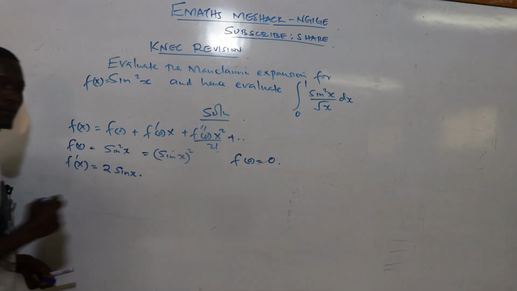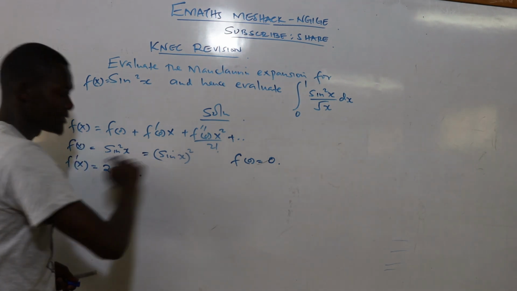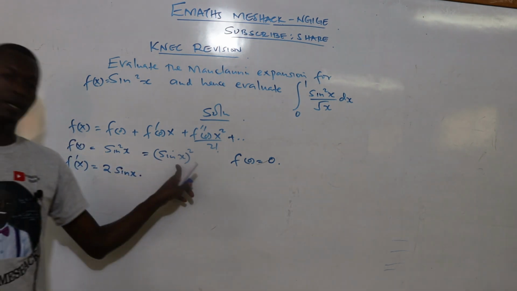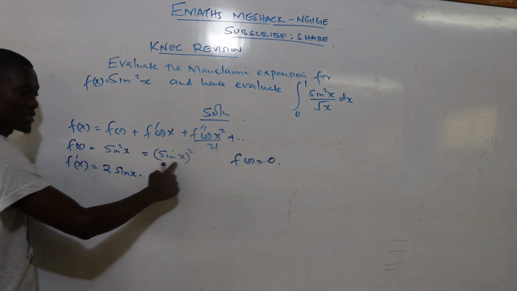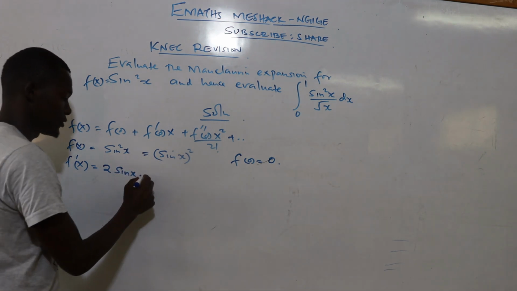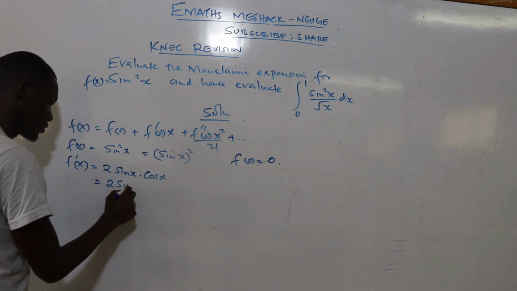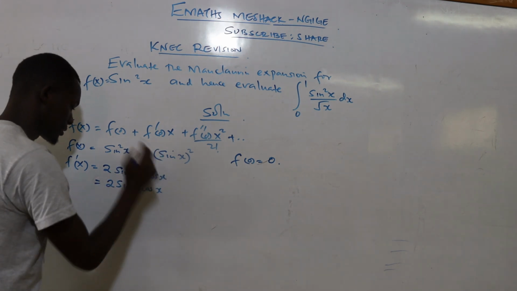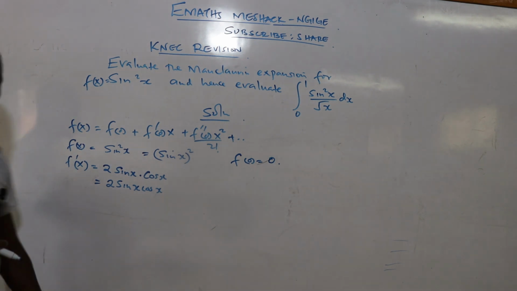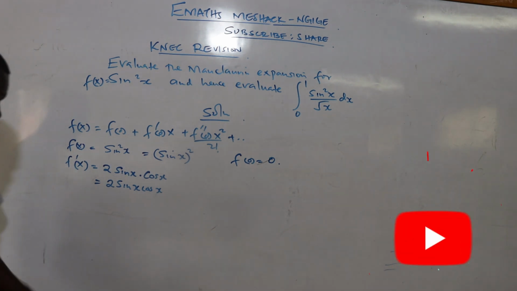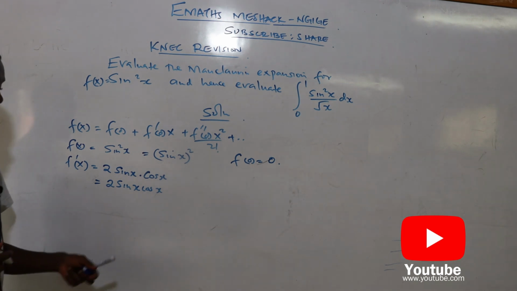Then you multiply by the derivative of the function inside the bracket. When you differentiate sine of x, you get cosine of x. So this gives us 2 sine of x cosine of x. You can try doing that the long way using the product rule, and you'll get one and the same thing.